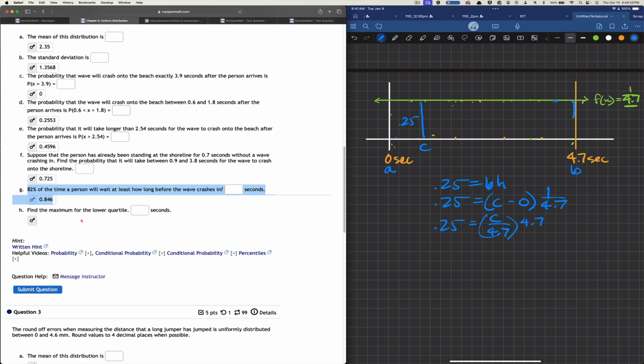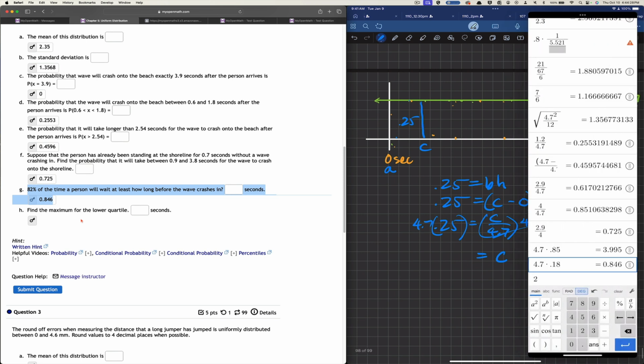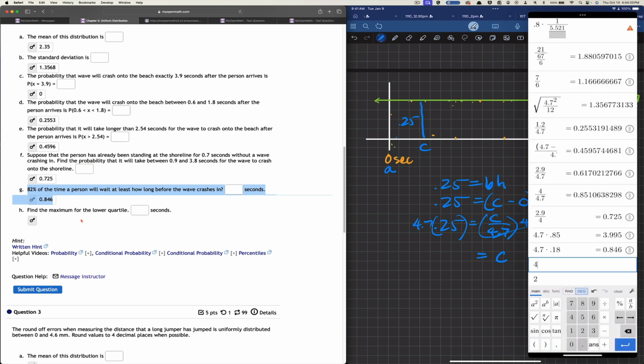Multiply both sides by 4.7. I know I'm going fast, but you can hit pause and or scrub and rewind, etc. That's equal to 1. I get C equals 4.7 times 0.25. Well, a quarter of 4.7, which is 1.175. Okay? So maybe that helps.